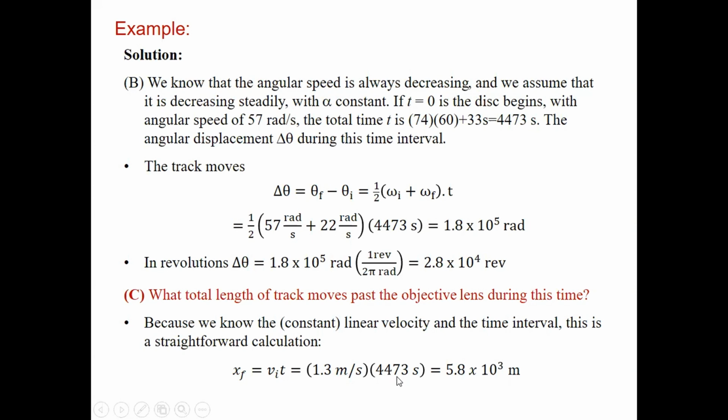Total time taken is 4,473 seconds. So the track length is 5.8 into 10 to the power 3 meters, and this is kilometers. So 5.8 kilometers is the total track length that has been covered during this time.